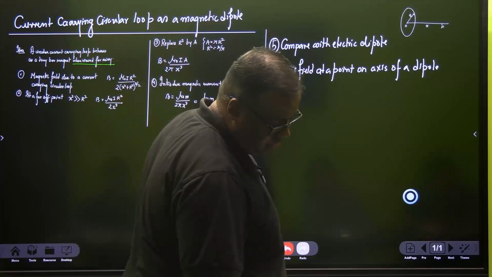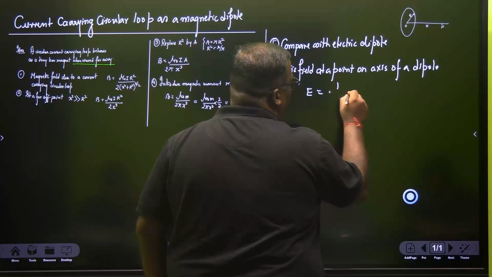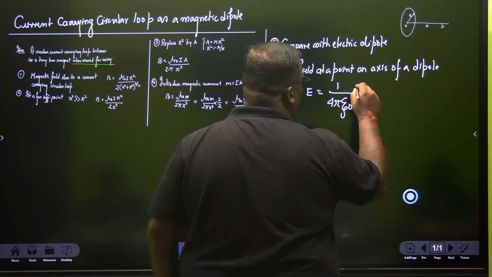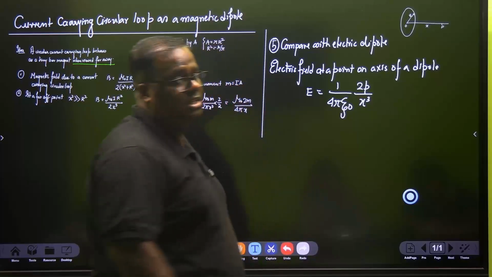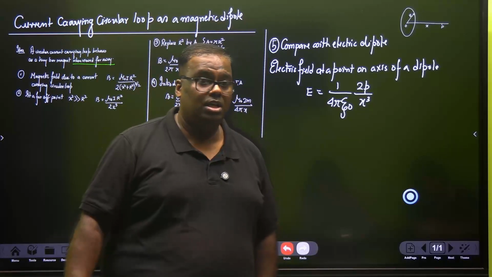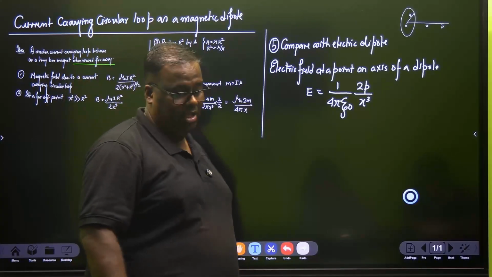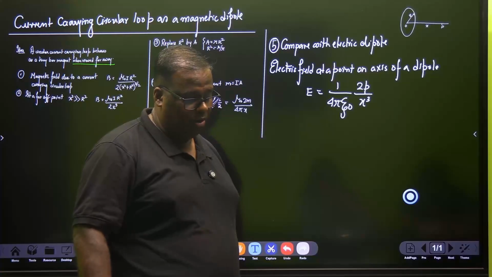So the electric field on the axis of a dipole E is given as 1 by 4 pi epsilon naught, 2p by x cube. What is x? X is the distance of the point from the center of the dipole. This is the value of E.